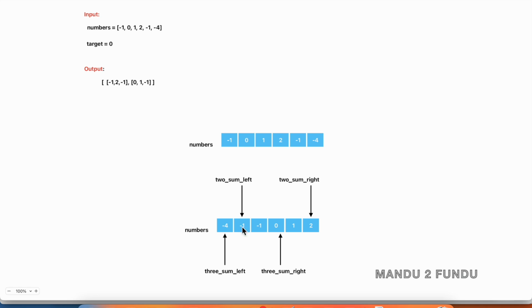In the next iteration we take this number out, and in the remaining numbers we look for any two numbers which add up to 1, so -1 and 0, when we add them up, -1 plus 1 is 0, so that's why we see this.